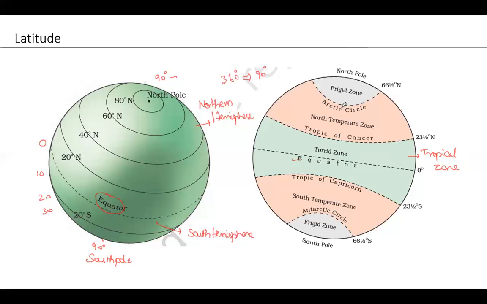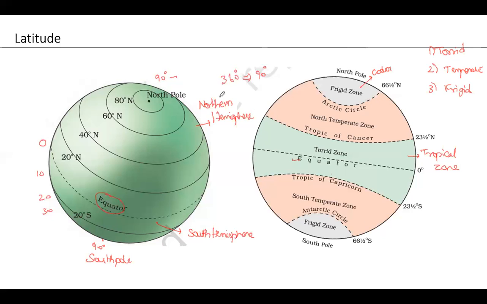Below the North Pole and above the Arctic Circle, they call it the frigid zone. This zone is a very cold place. Okay, now I will tell you why this place is cold. So basically, these are the three zones: torrid zone, temperate zone, and frigid zone.